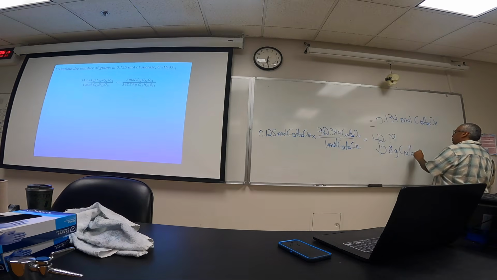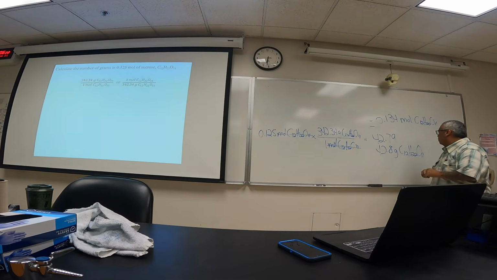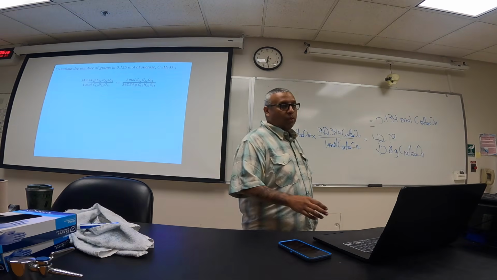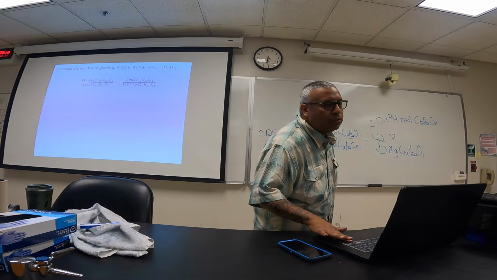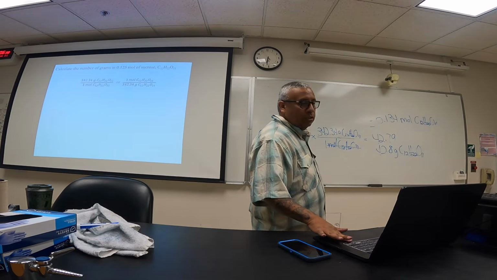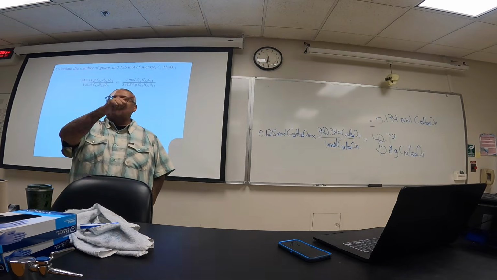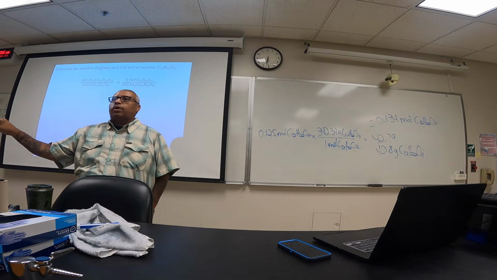That's a lot of sucrose, but maybe that's what we see in Pepsi One or something. I don't know. That seems like a lot of sucrose, but no, I like the calculation. We have our answers. So we've now learned how to convert grams to moles, moles to grams.